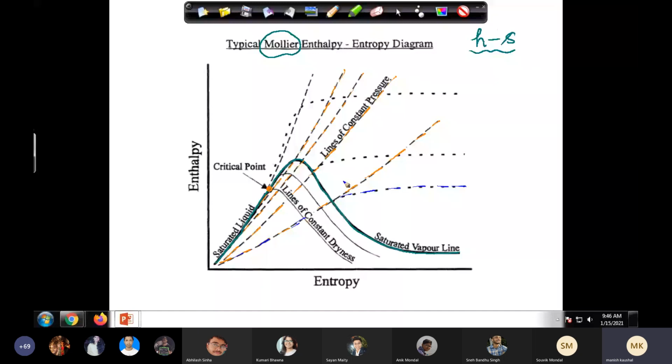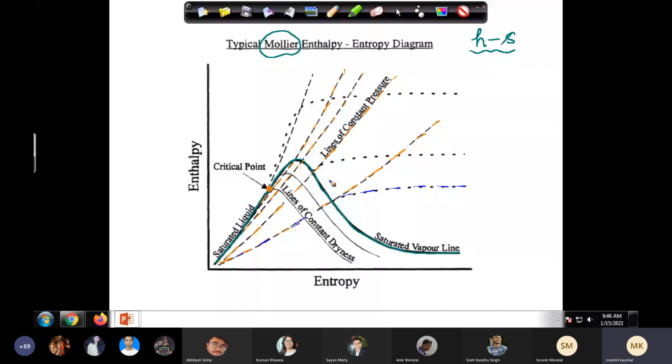Remember, this is an HS diagram. So don't think that the lines which I am showing are either pressure or temperature. The pressure and temperature values can be different, but these curves can collapse, they can be on top of each other. So that we'll see.